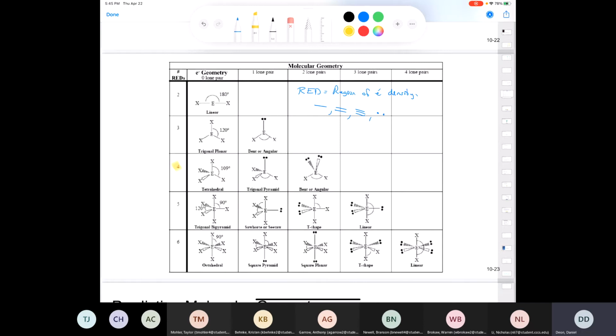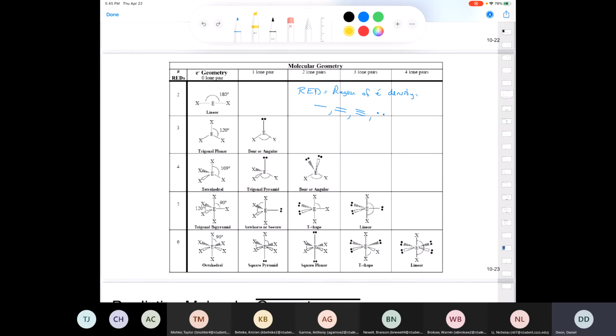It's going to be trigonal pyramidal. So this table can come in very handy, and I would recommend using this as a study guide, kind of as training wheels to help you get used to drawing structures with their proper molecular geometries.